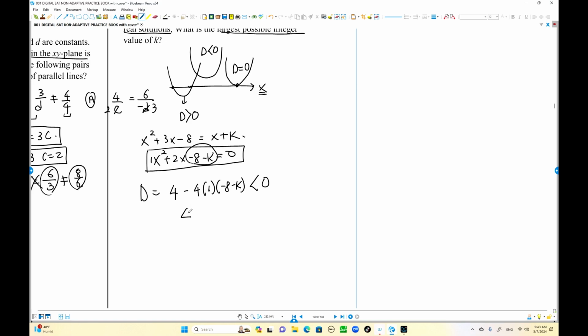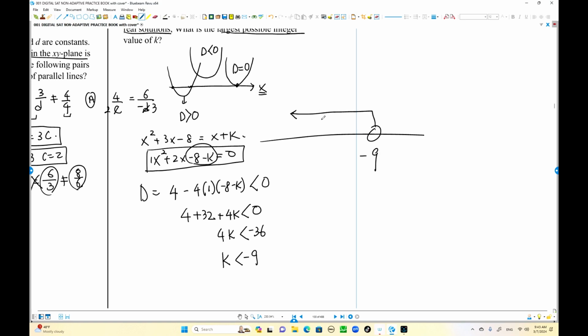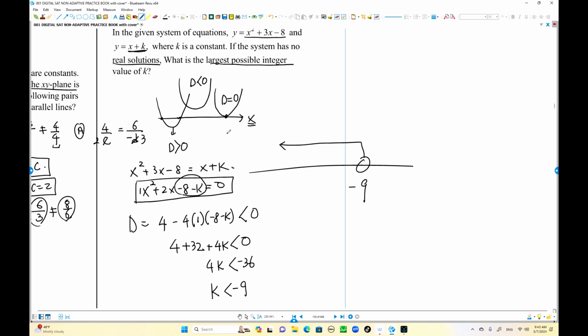You solve this one. 4 minus negative 4, negative 8, positive 32, negative 4, negative 4, positive 4k must be less than 0. 4k is less than negative 36. K is less than negative 9, right? Out of all this number less than negative 9, which one is the largest number? Here. Negative 10, right? That is the answer. So you can write negative 10.